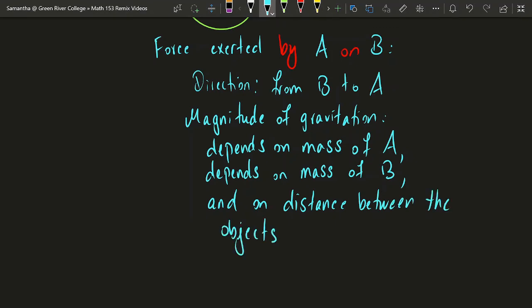There are some very large objects in our galaxy and in our universe, but as they are very far away from us, the gravitational force that they affect us with is very small. Whereas the Earth, for example, or even the Sun are relatively nearby, so things like that are exerting a much greater gravitational force upon us.